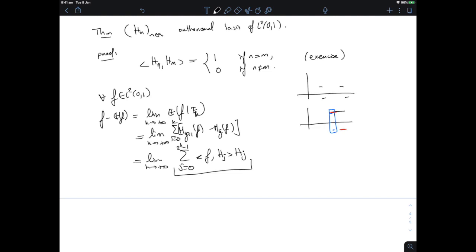So the span of all the Hn has to be all of L2, because for any element of L2, you subtract the expectation, which is just changing the zeroth coefficient, and it can be written in that way. We take the span and its closure, because you're taking a limit of finite linear combinations. So the Hn span the entire space and form an orthonormal family. It therefore has to be an orthonormal basis.